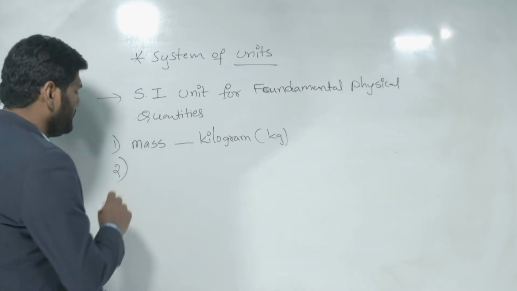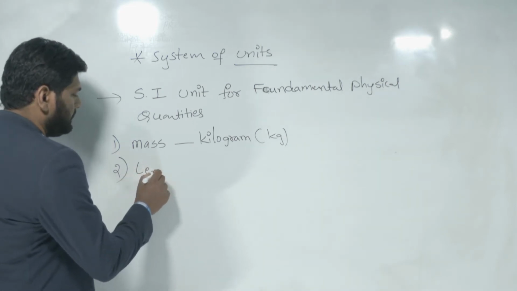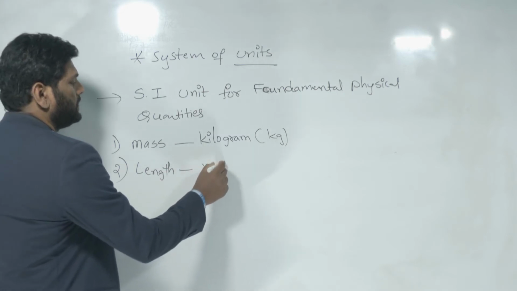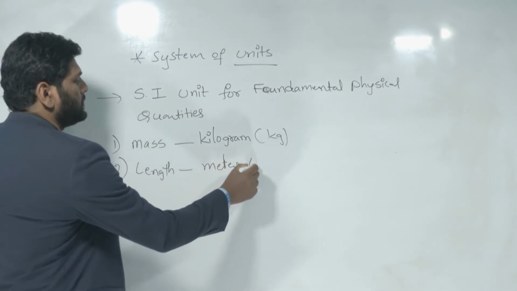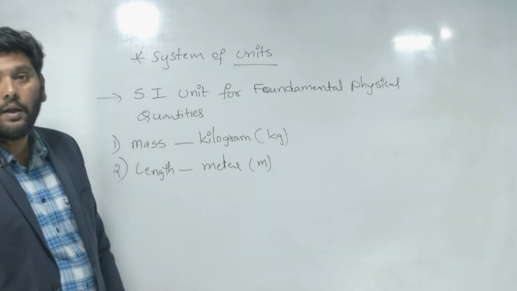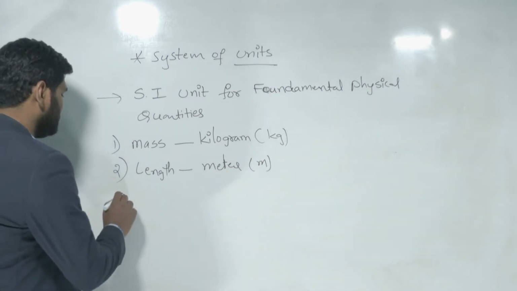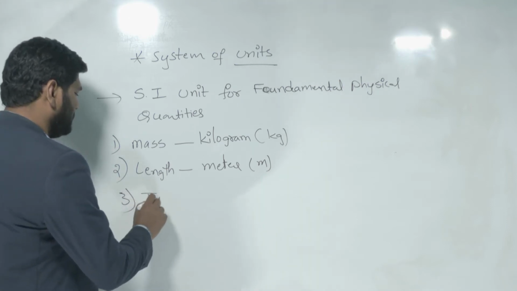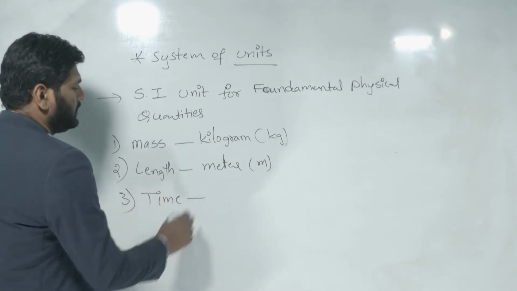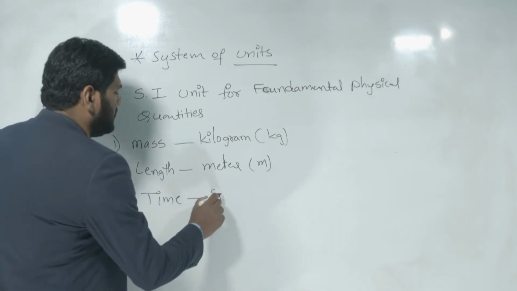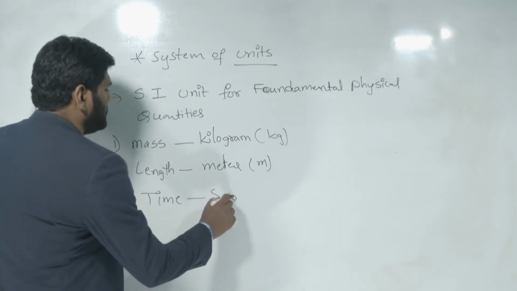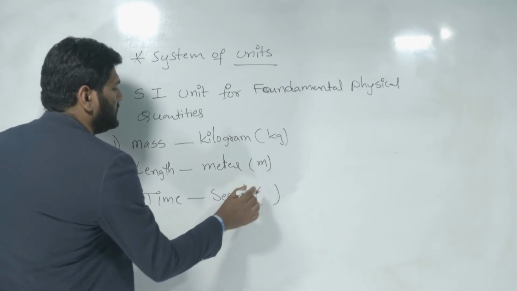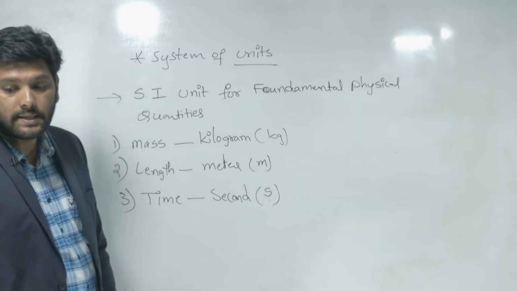Second physical quantity is length. The length unit is meter, simply represented with m. Third one is time. The time unit in the SI system is second, simply shown with s.